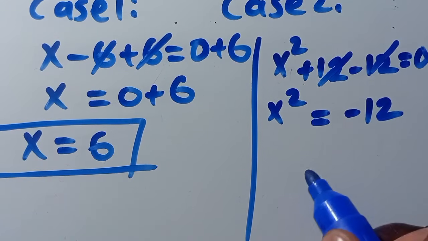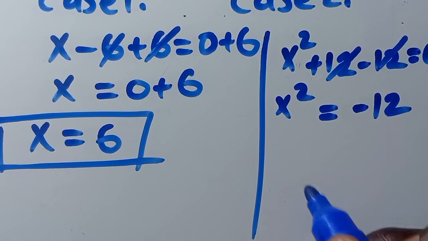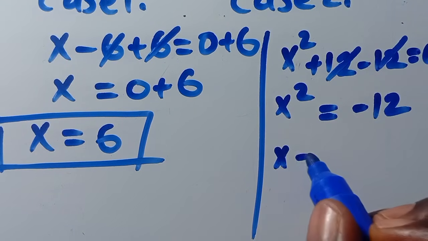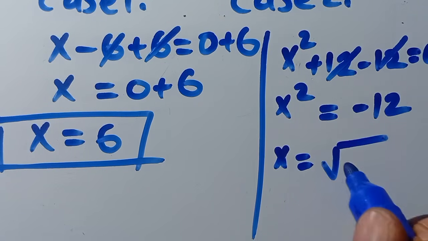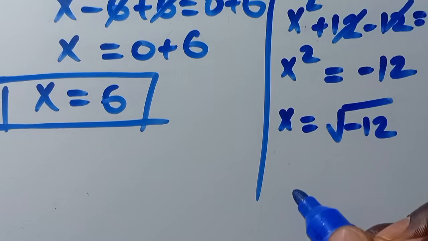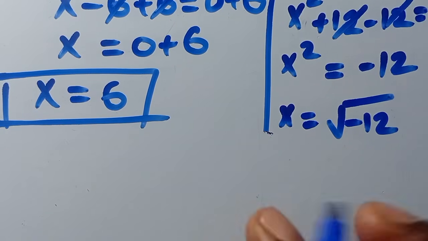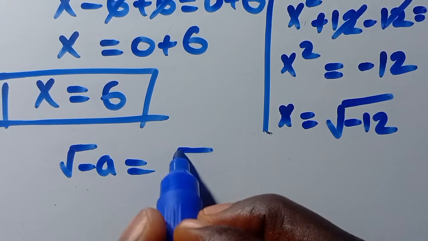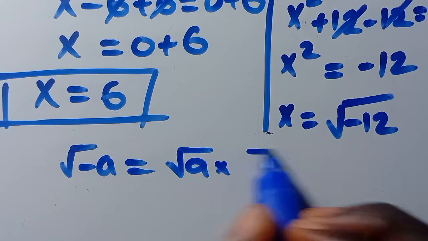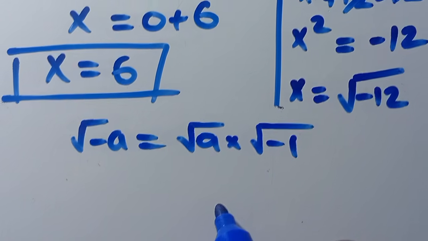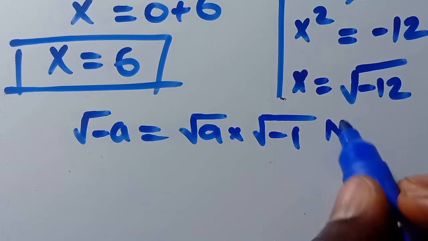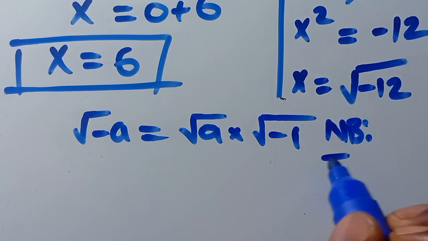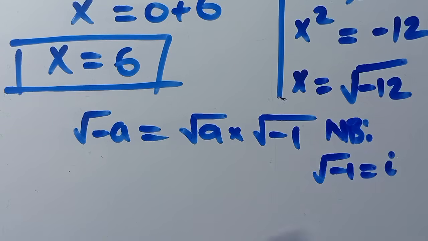Then take the square root of both sides, we are going to have x equals root of minus 12. Then when you have root of minus a, it equals root of a times root of minus 1. And let us note that root of minus 1 equals i.